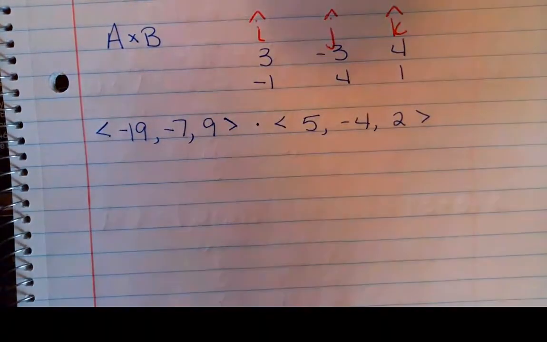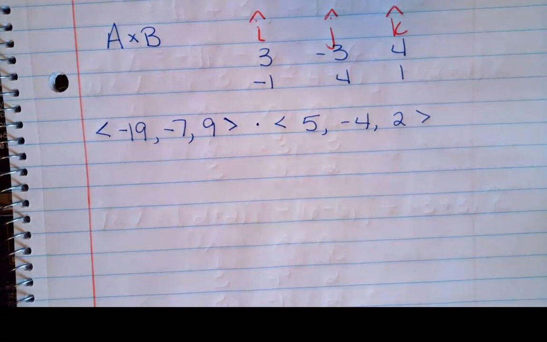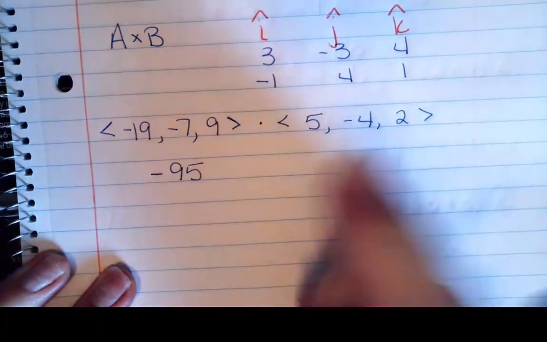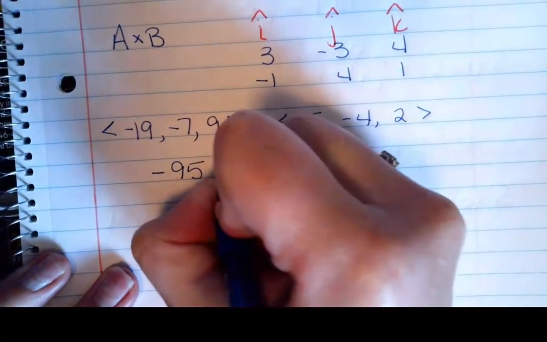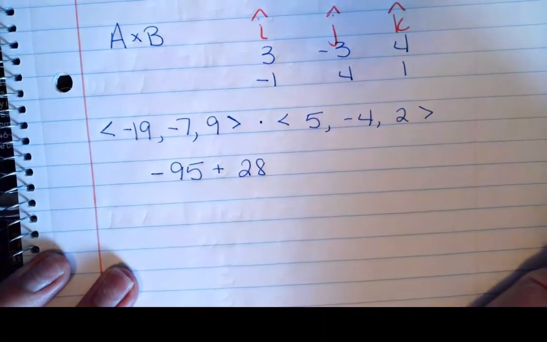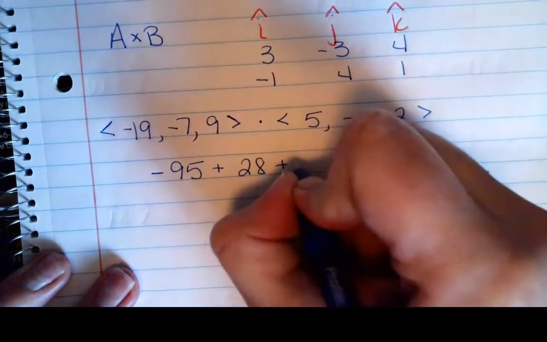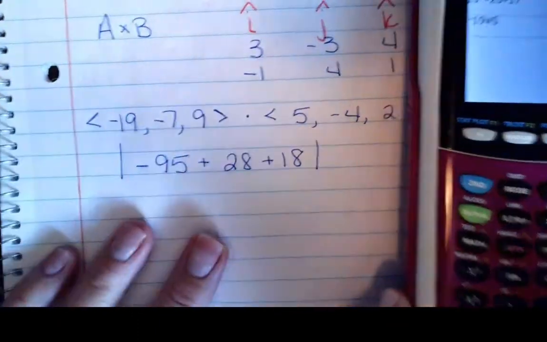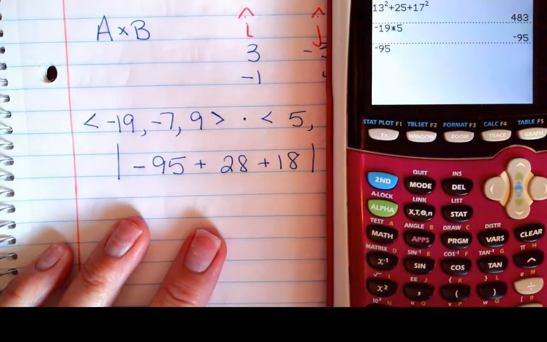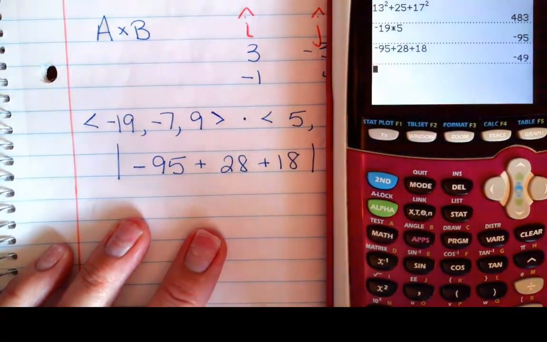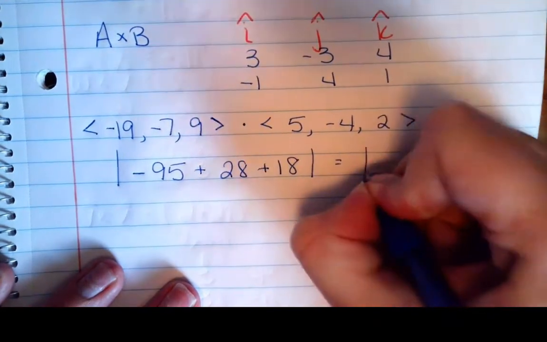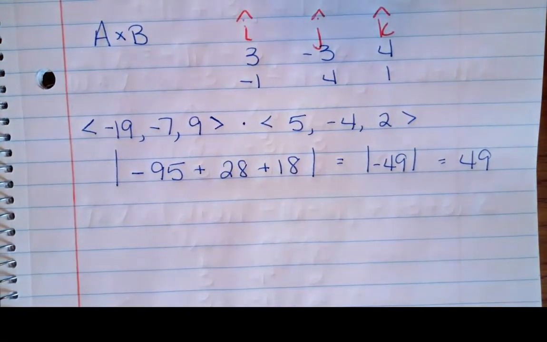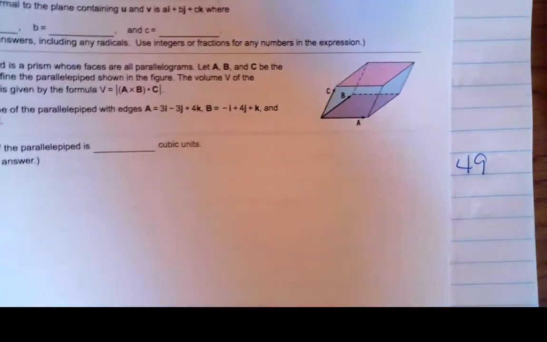So -19 times 5 is -95. -7 times -4 is +28. 9 times 2 is 18. And I need to take the absolute value of that answer. So -95 plus 28 plus 18 is -49. So the volume of my parallelepiped right there is +49.